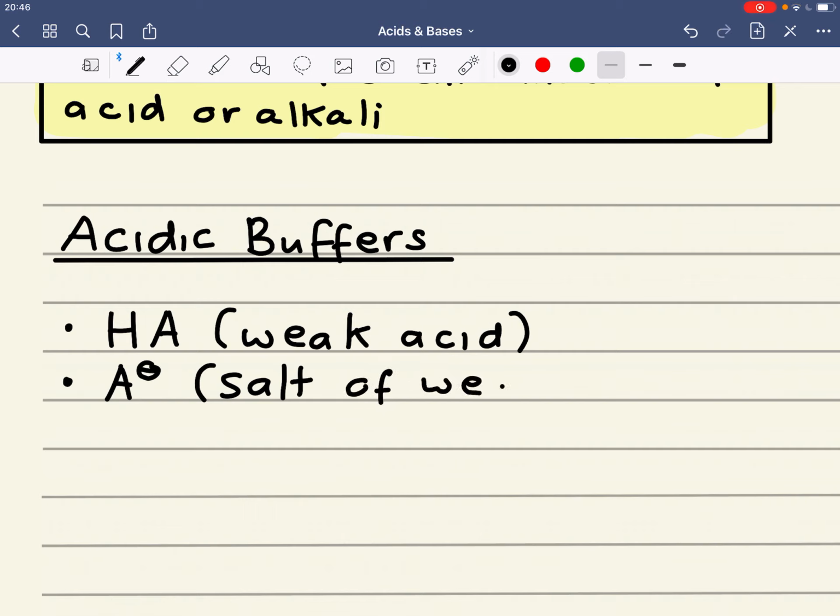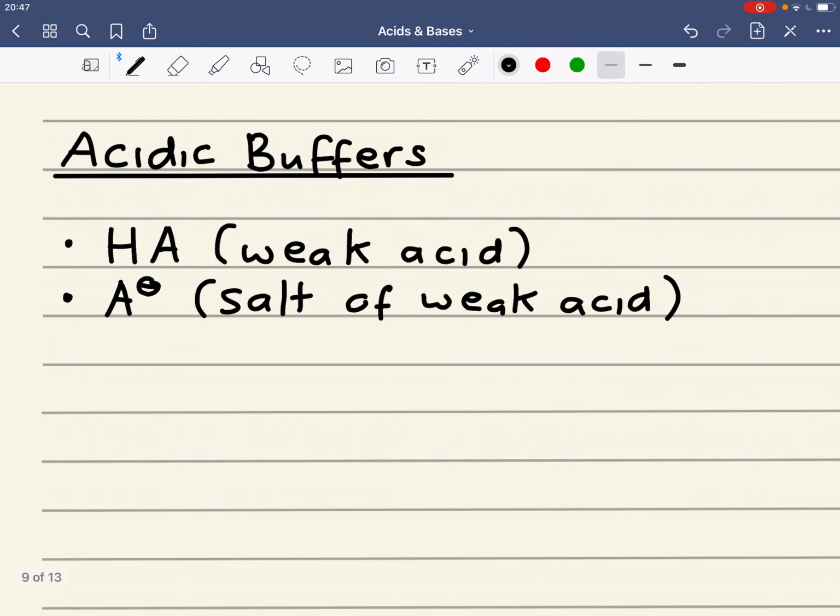So for a buffer to work effectively, it must have significant amounts of each of these two species, the HA and your A-. There are two ways in which you can make an acidic buffer.